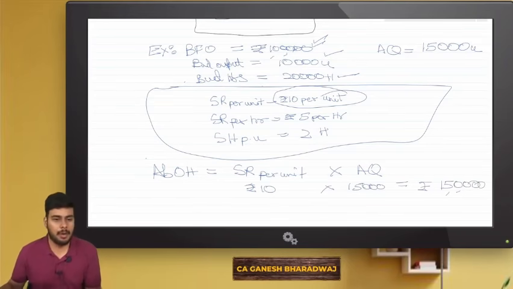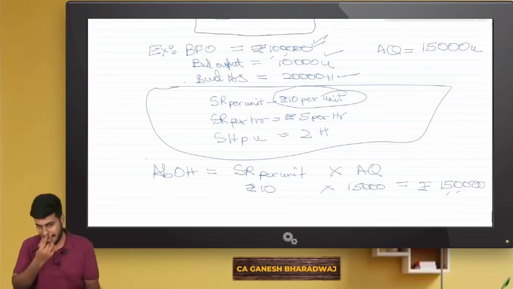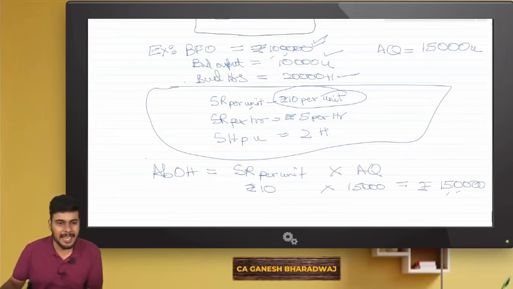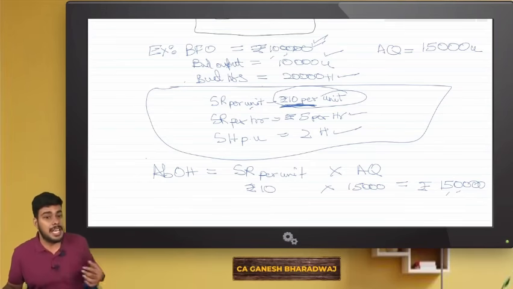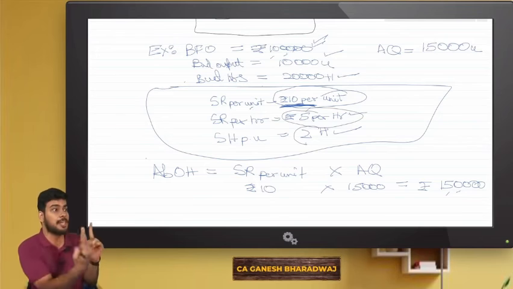Right. Now just carefully observe. This standard rate per unit of 10 rupees, how did I get it? It is nothing but standard rate per hour into standard hours per unit. Every hour I'll absorb 5 rupees and every unit requires 2 hours.